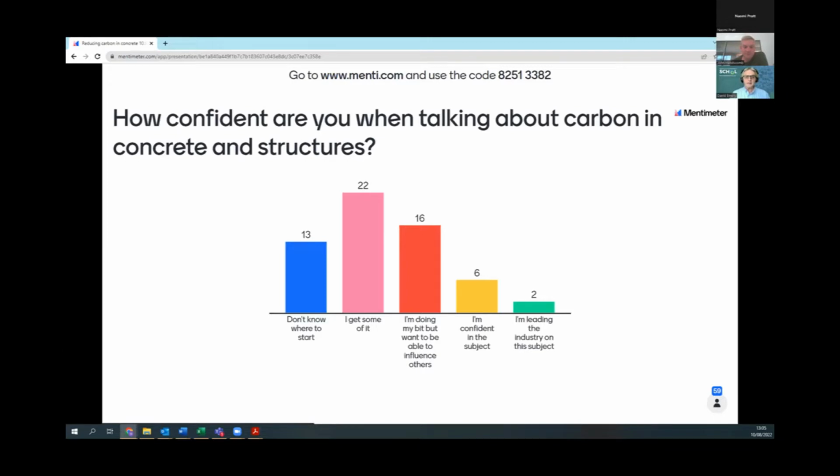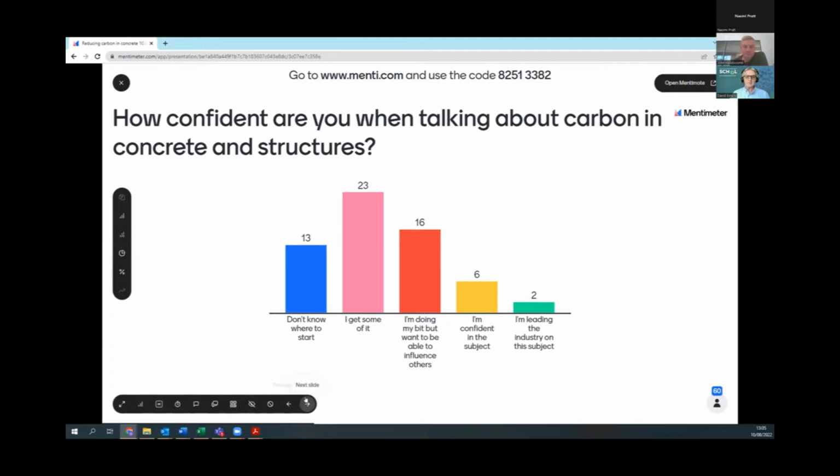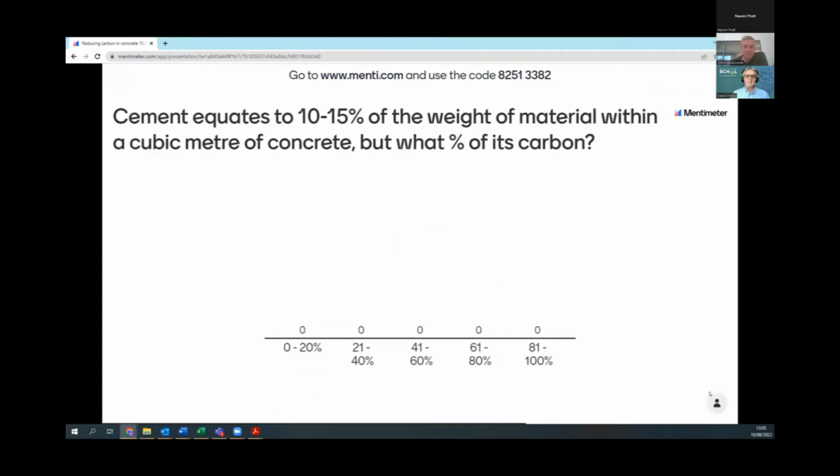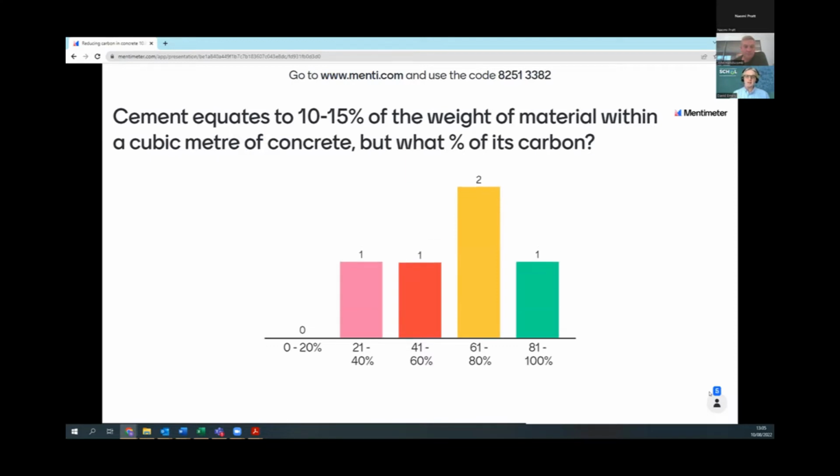So I think we have a third question, Naomi, if you would please. Cement equates to about 10 to 15% of the weight of the material within a cubic meter. But what percentage does it represent of its carbon content?